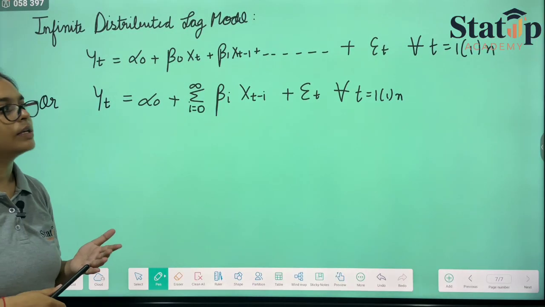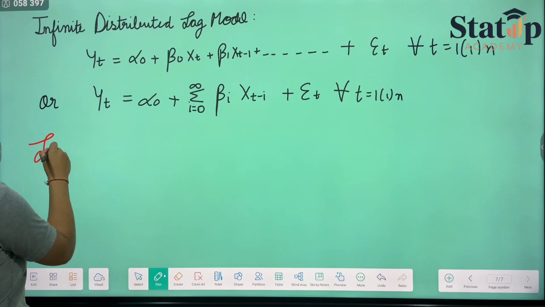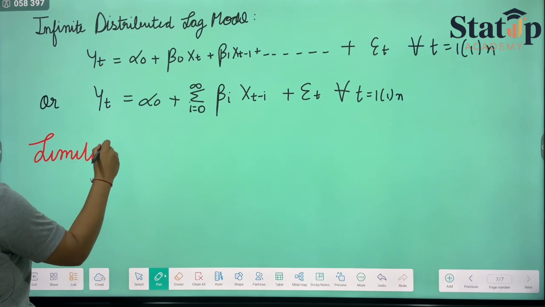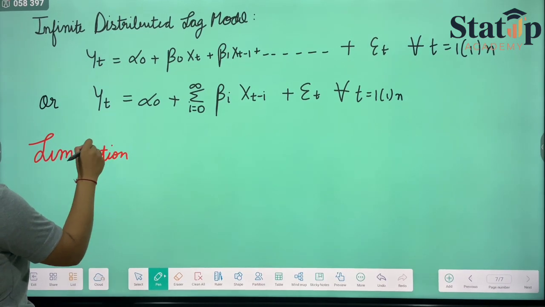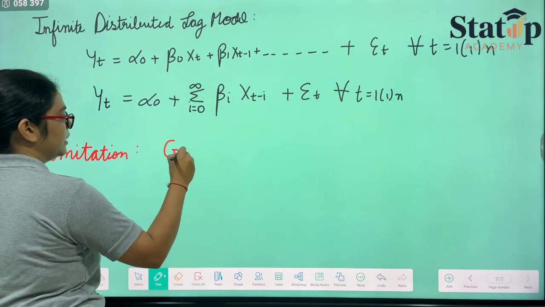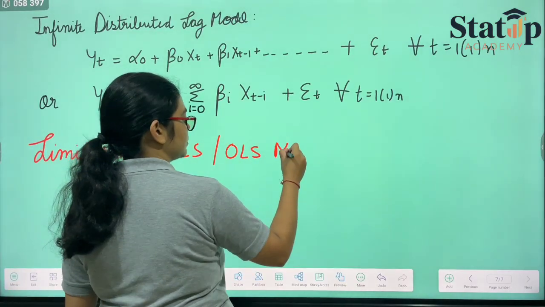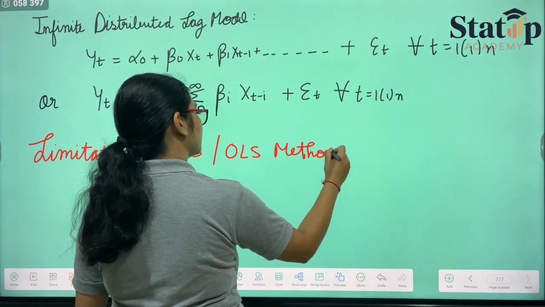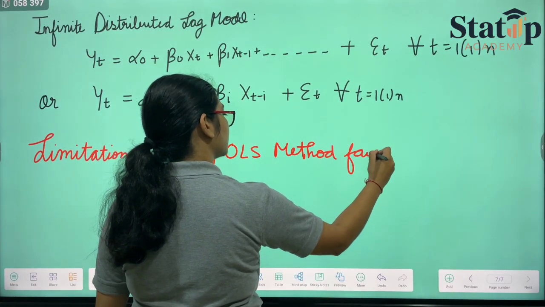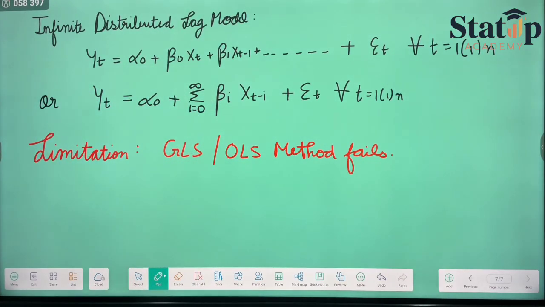Now, this method has one limitation. What is the limitation? The GLS or OLS method fails here. If either of these two methods fails, then what will we do?